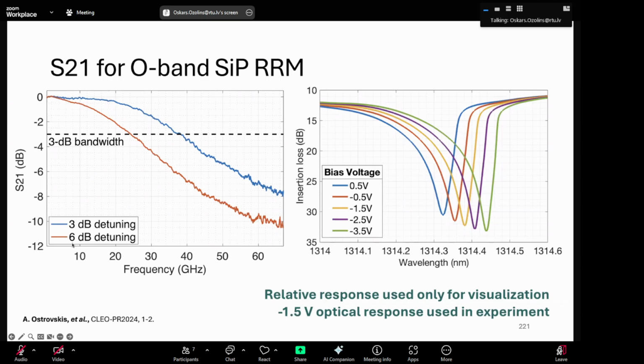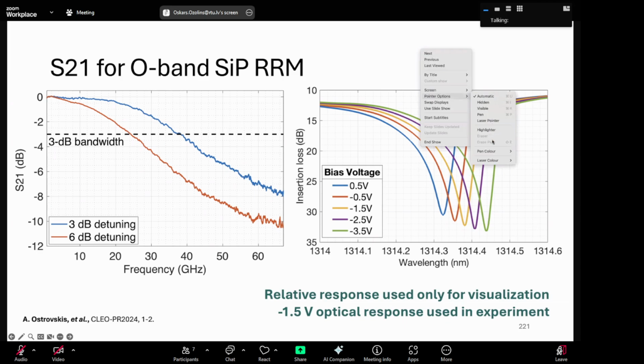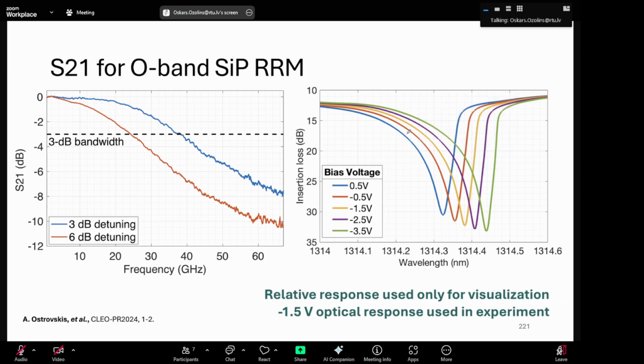So for these modulators, what you do, you basically have a laser here, and then your ring is modulated up or down, and then depending on where you put your bias, so the tuning, so whether you are here, which would be like minus 3 dB or minus 6 dB.